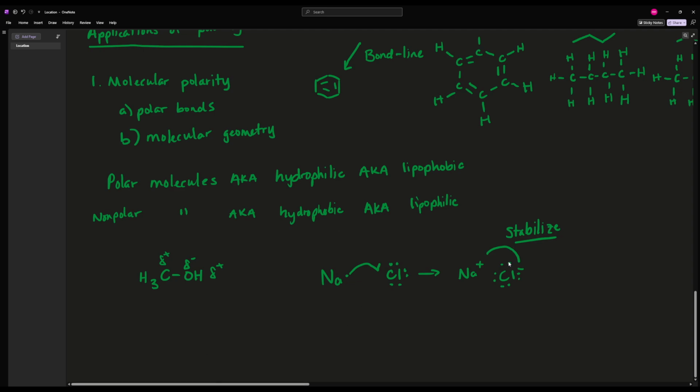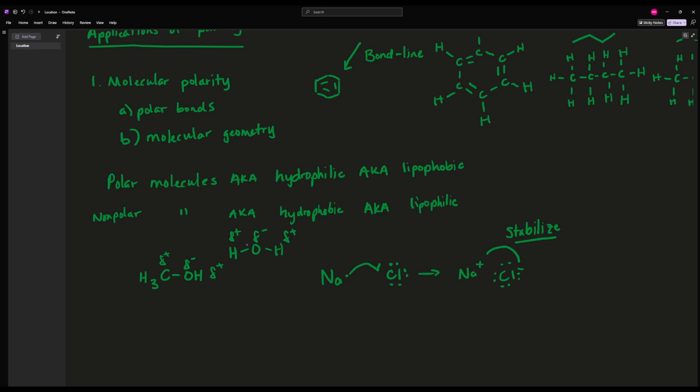This one is an extreme example, right, involving full charges. Back to our methanol, even though this doesn't have full charges, it still has partial charges. And so they need stabilization by other charged things, including other partial charges. Well, where can we get that? Well, one of them is water. Remember, water is set up here with a partial positive, partial negative, and partial positive.